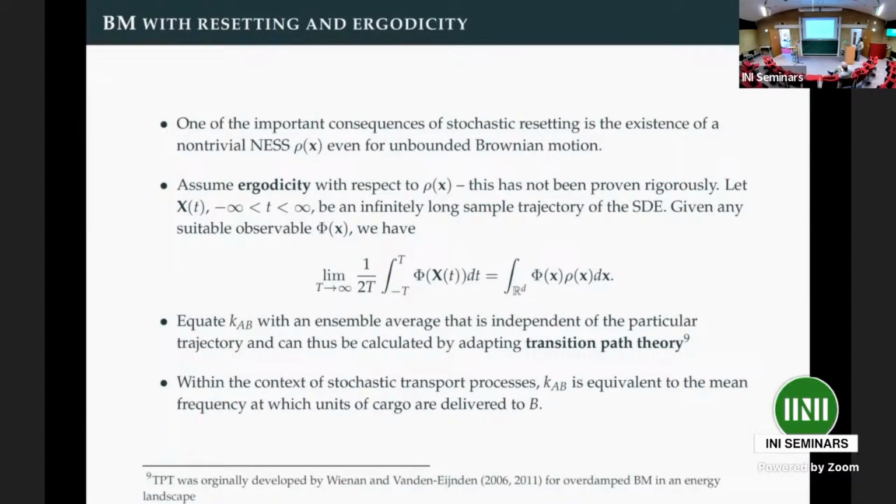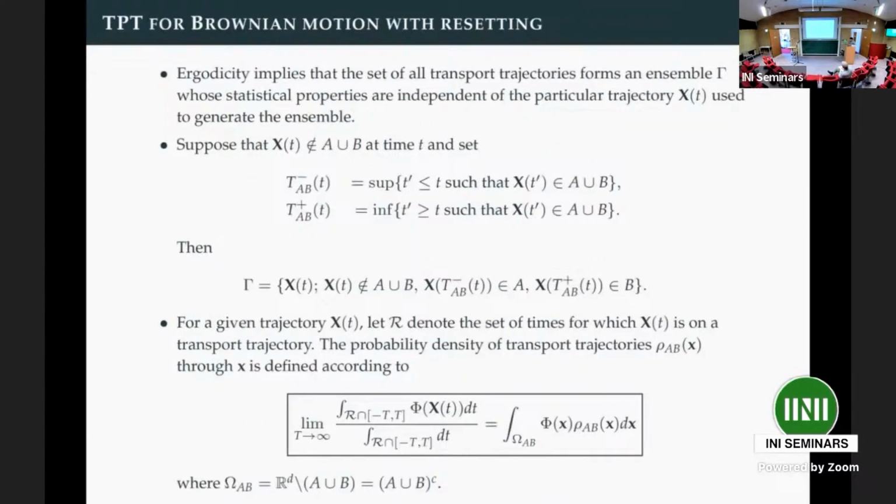So the ensemble average with respect to this stationary density captures the statistics of this single trajectory that goes on forever. I can replace trying to keep track of the number of direct paths in a single realization trajectory by a stationary density for the ensemble. And it turns out you can actually calculate this. Let's see if I can.